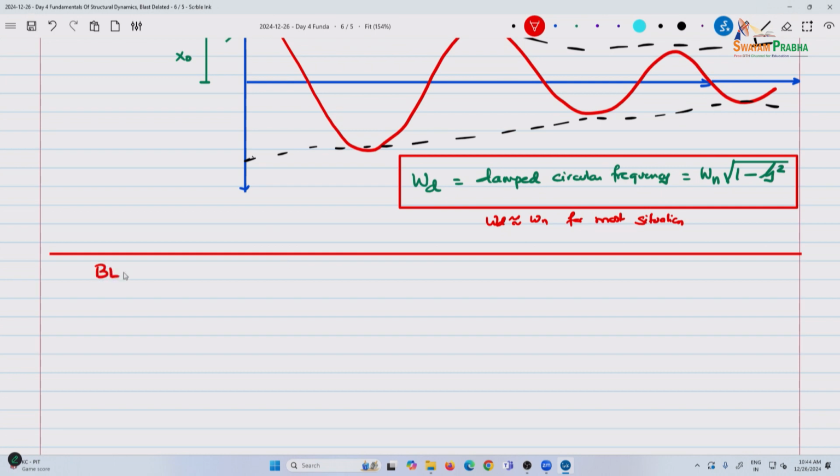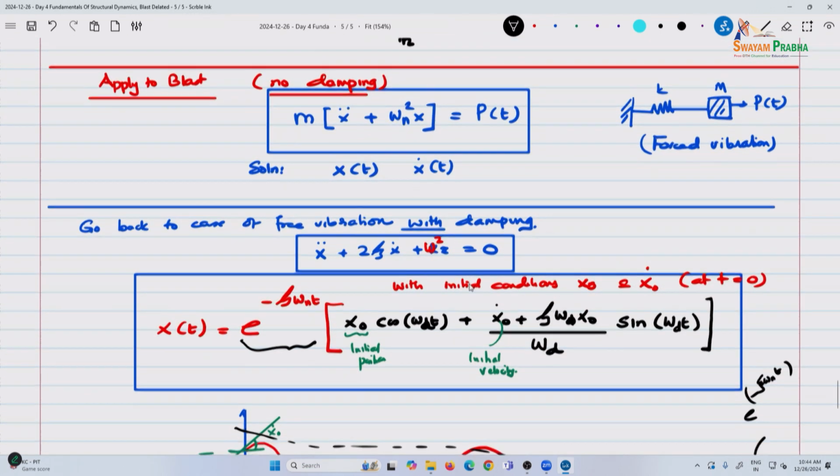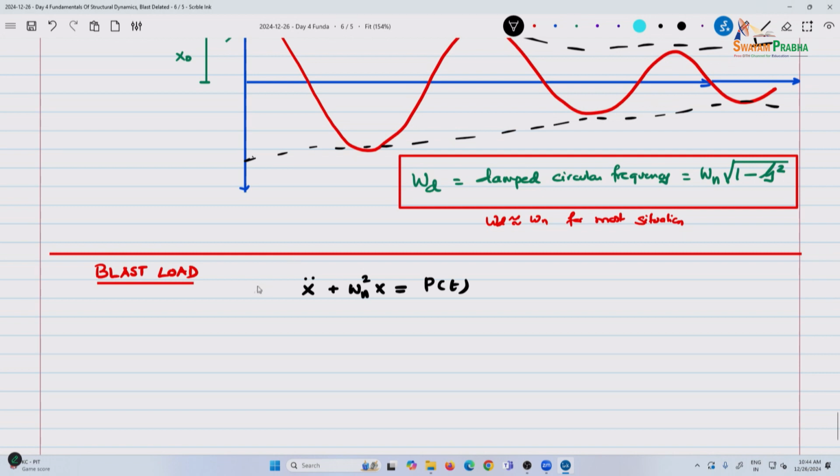So, let us now understand what happens when we apply a blast load to this expression, x double dot plus omega n square x equal to P of t divided by m, or we can have m here. So, now the mass comes into play and we call this forced vibration.